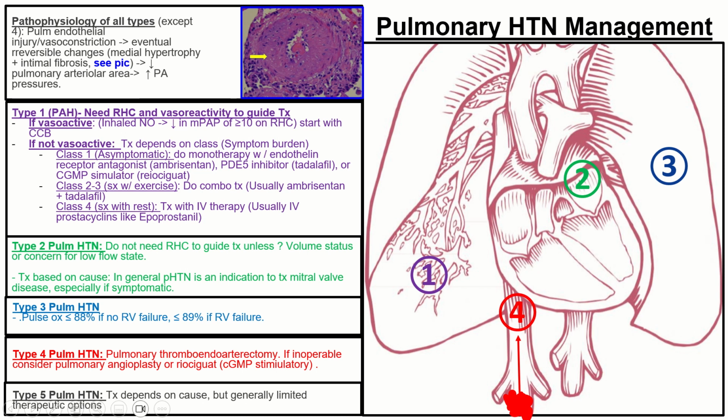Type 3, treat the underlying cause, but obviously try to give them enough oxygen to reduce that hypoxic vasoconstriction. Type 4, they're going to need a pulmonary thromboendarterectomy. As noted earlier, pulmonary thromboendarterectomy is going to be surgery. If inoperable, think about pulmonary angioplasty or riociguat. Type 5, kind of treat depending on the cause. And that is it. Thank you, everybody.